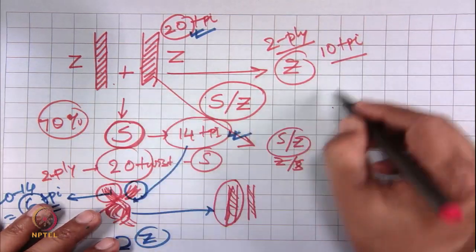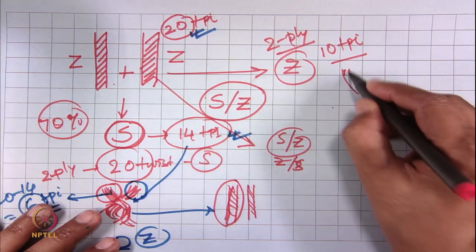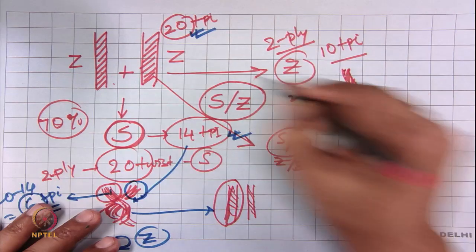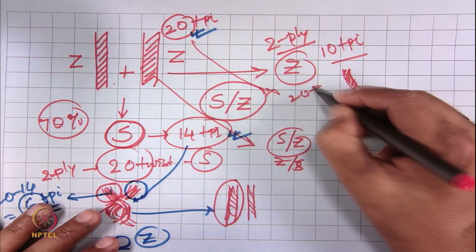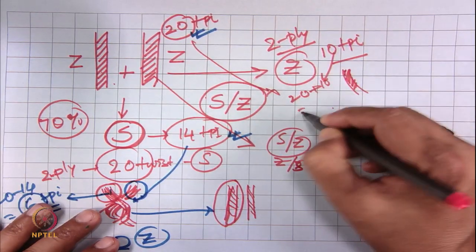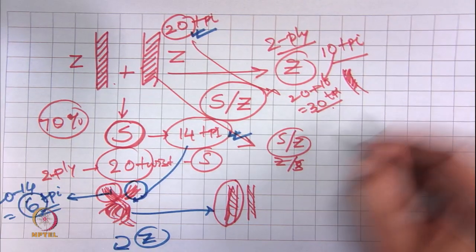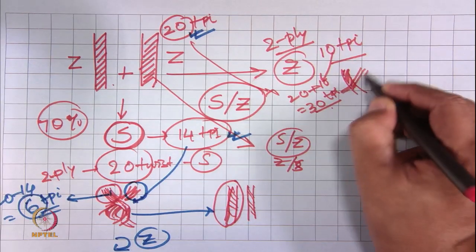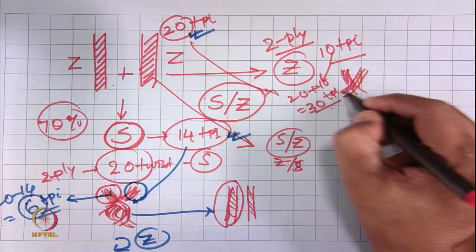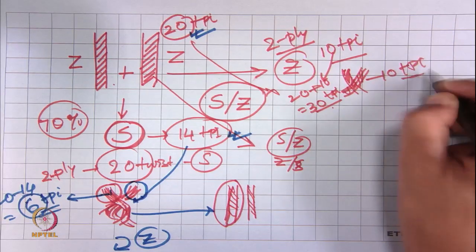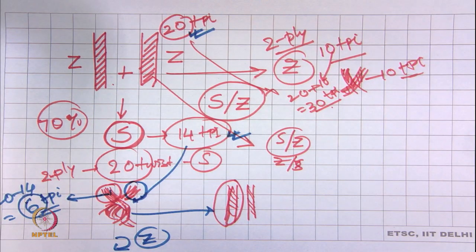The single strand will have very high twist, this 20 plus 10, so 30 twist per inch will be there in the single strand, but in the double strand there will be 10 TPI.